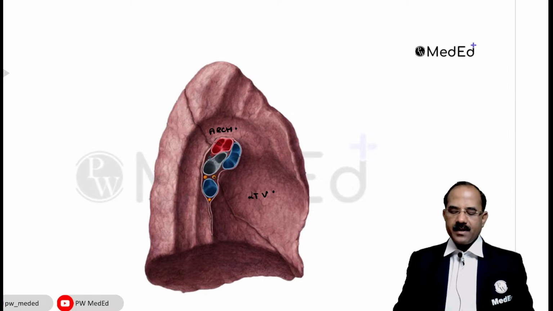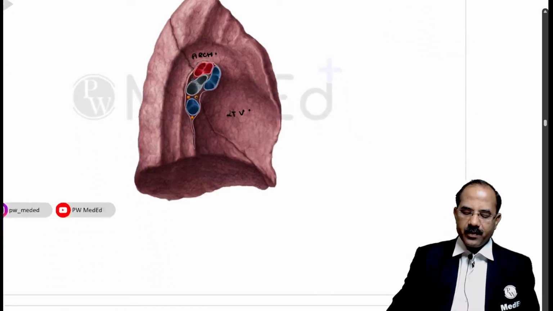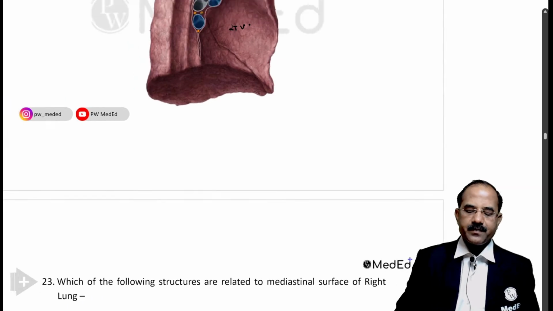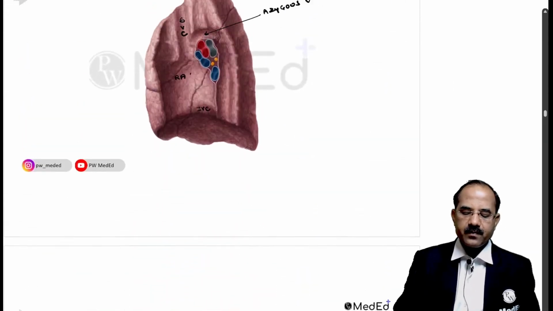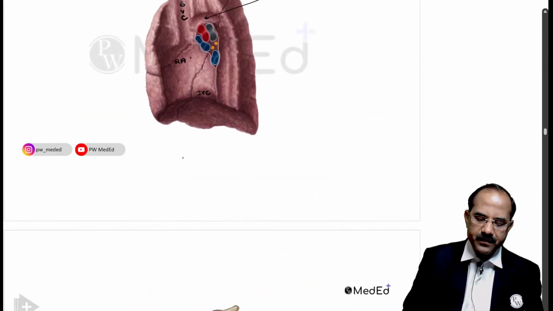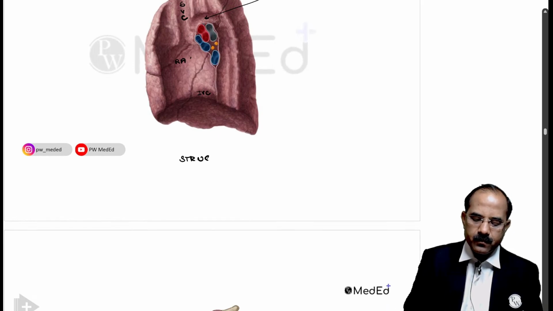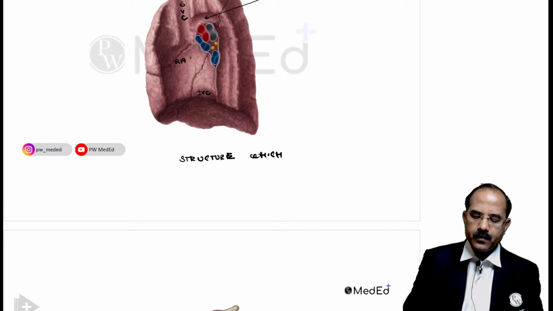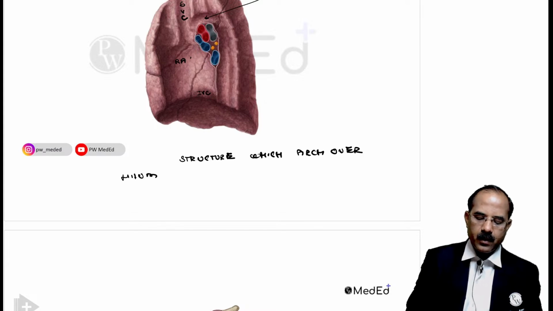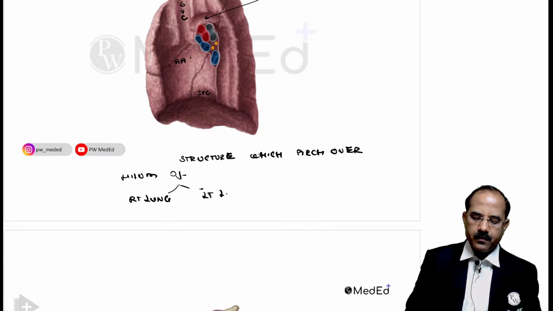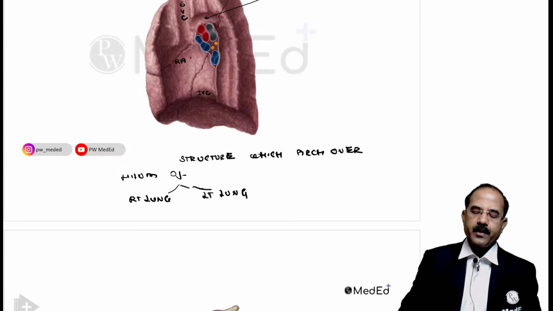Dear students, so I'll just make this for you. We'll write it like this. Structure which arches over the hilum of the right lung, left lung.